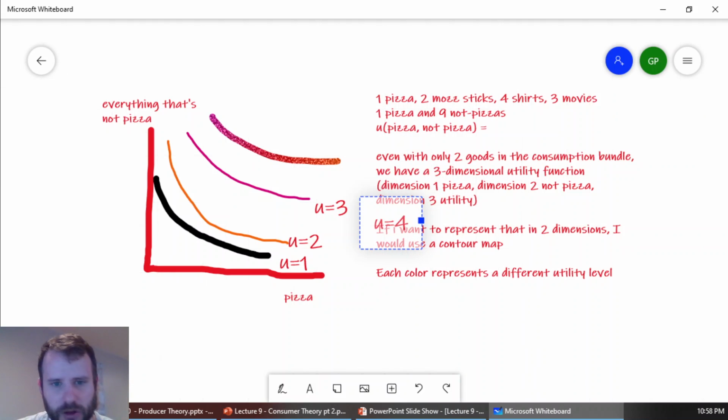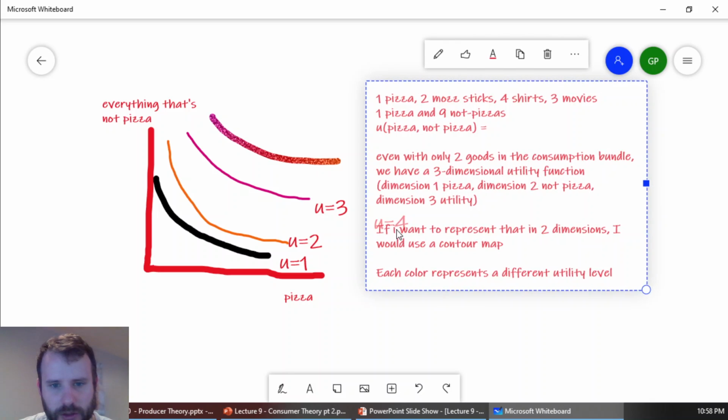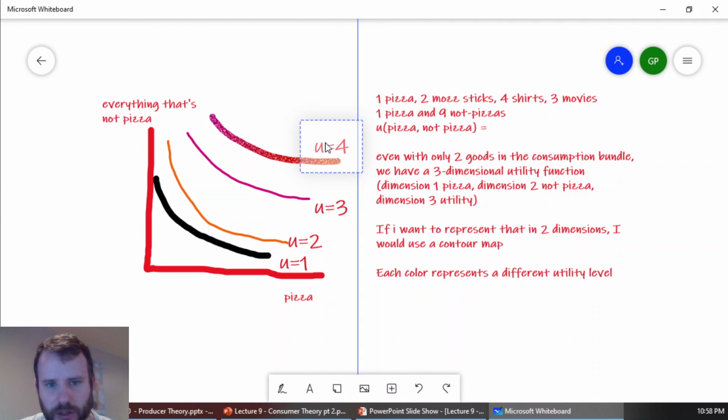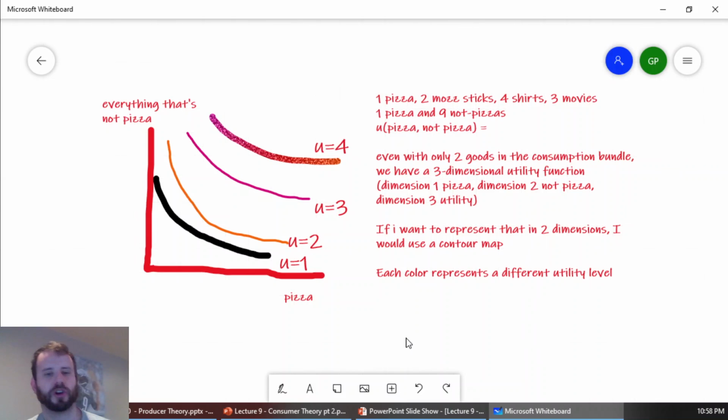And 4 is the multicolor. So we're taking a consumption bundle, a list of all the things you're consuming, and pushing it down to a 2-dimensional graph.